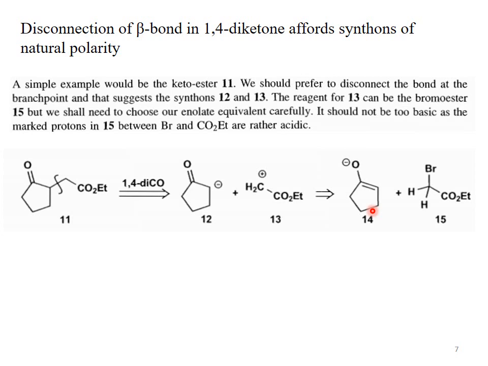It should not be too basic, as the marked protons in 15 between bromine and the ester group are rather acidic. So the compound 14 is the enolate. It should not be too basic.